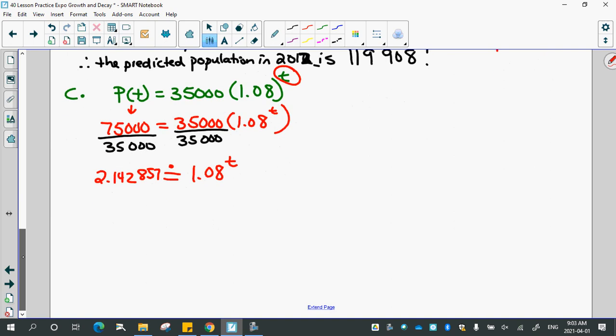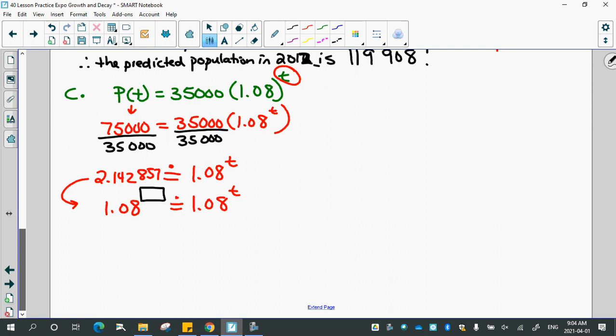And then we need the same base on both sides. So we need to write this number as 1.08 to some power, so I can set the exponents equal to each other. So I got my calculator. I know it's less than 16.